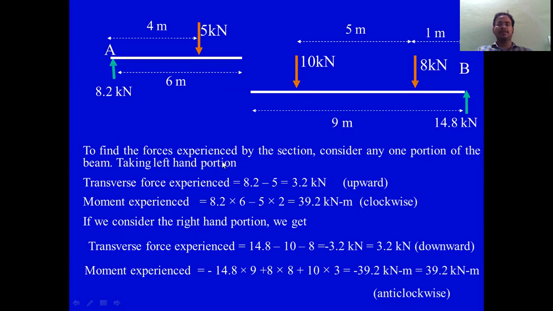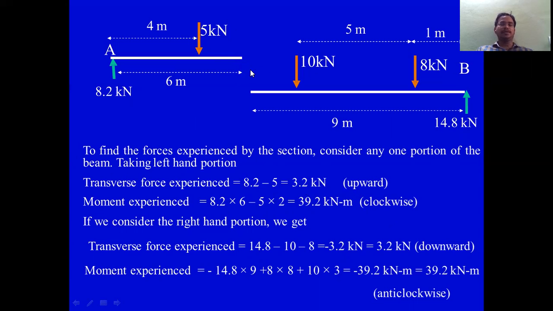So to find the forces experienced by the section, consider any one portion of the beam. Taking the left hand portion, the transverse force experienced is 8.2 minus 5, which is 3.2 kilonewton upward.